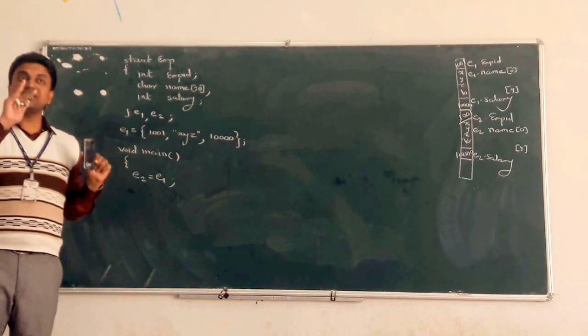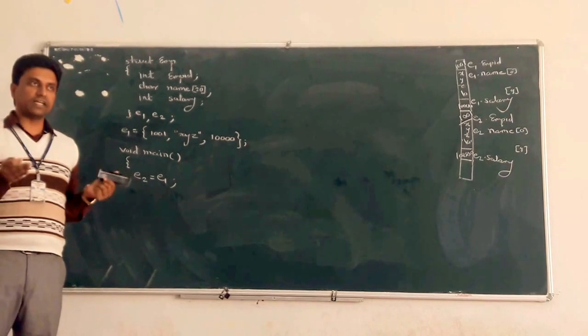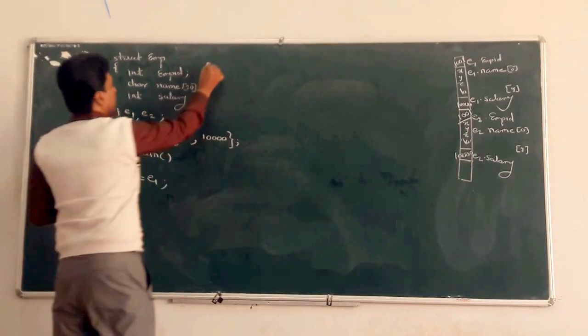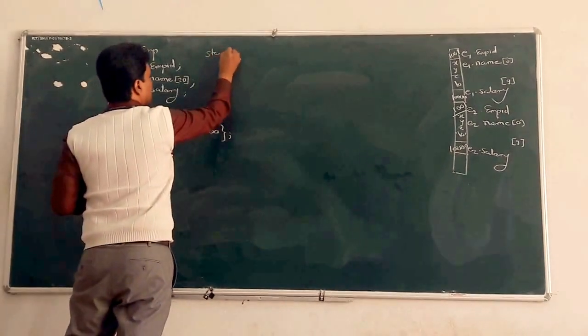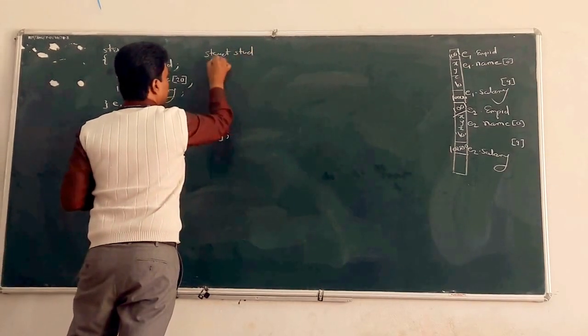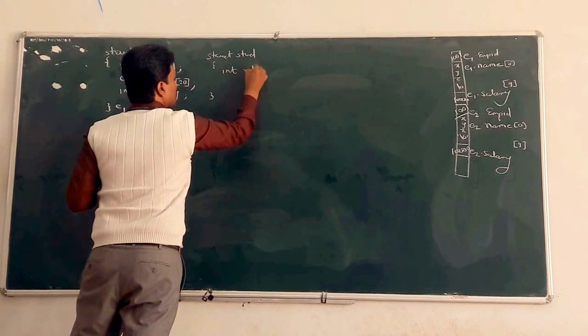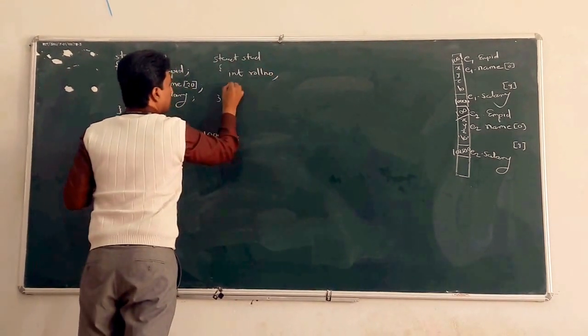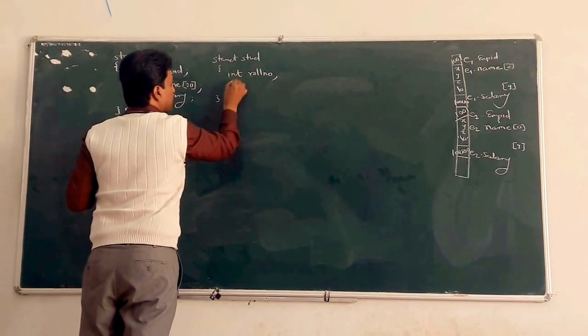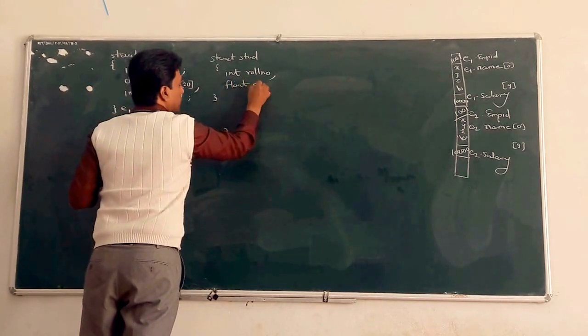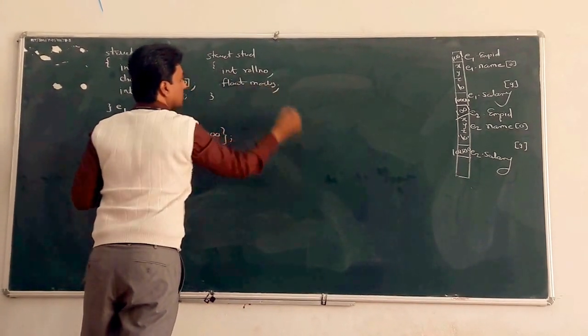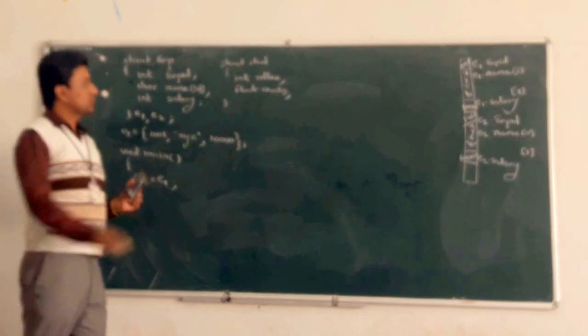But we cannot assign two structure variables of different types. Here we can declare another structure, struct student, with an integer roll number and an integer or float marks. This is the structure student.